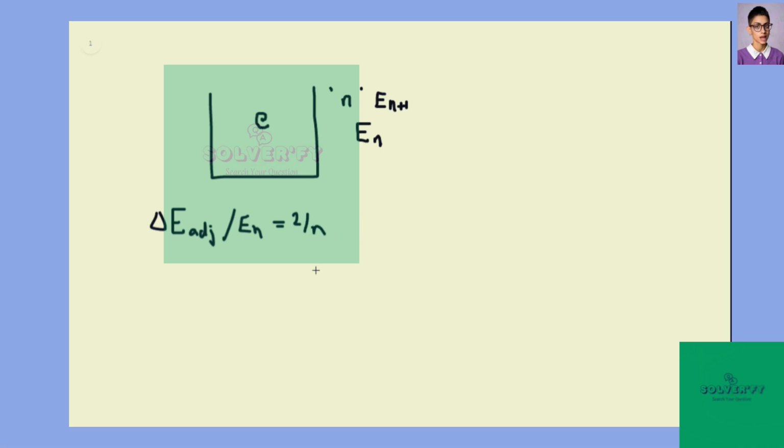So let's evaluate this. The energy level En for an electron in a one-dimensional infinite potential well is given as n square h square over 8 m L square. So I can find the adjacent energy difference, which is delta E adjacent.